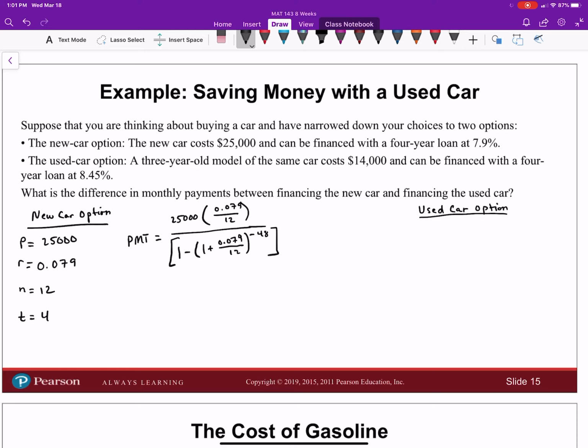And then we close our bracket. So our monthly payment, once we put it in the calculator, will be roughly $609.